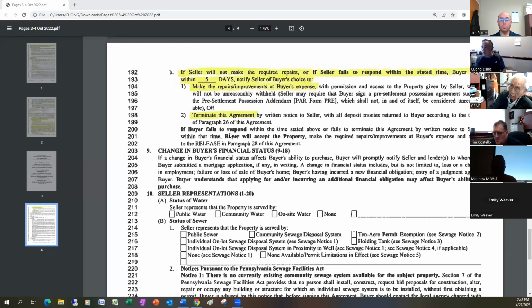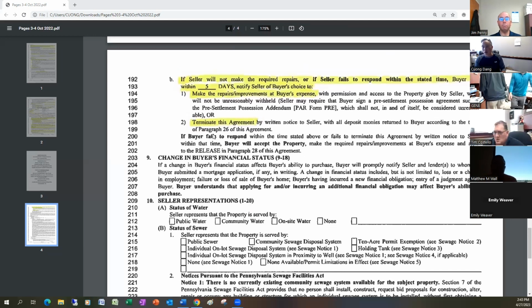If buyer fails to respond within the time stated above or fails to terminate this agreement by written notice to seller within that time, buyer will accept the property, make the required repairs, improvements at buyer's expense, and agree to the release. So if the buyer doesn't respond either, then you're responsible for it, Mr. Buyer. Okay. There you go. That's the mortgage contingency.